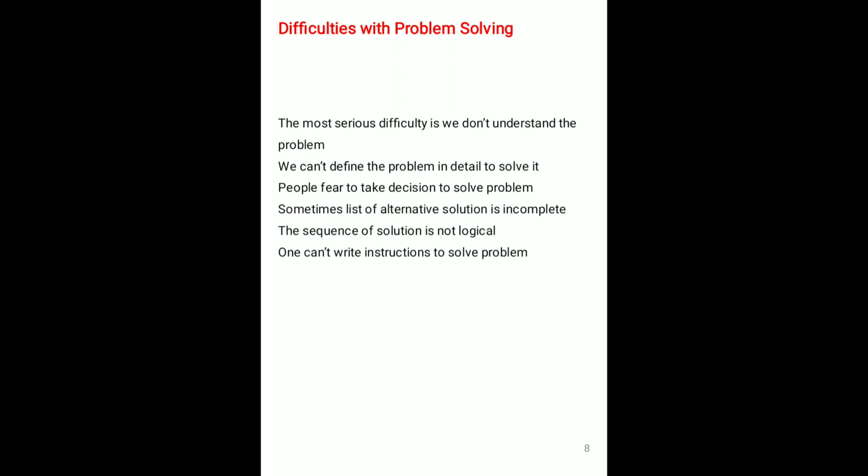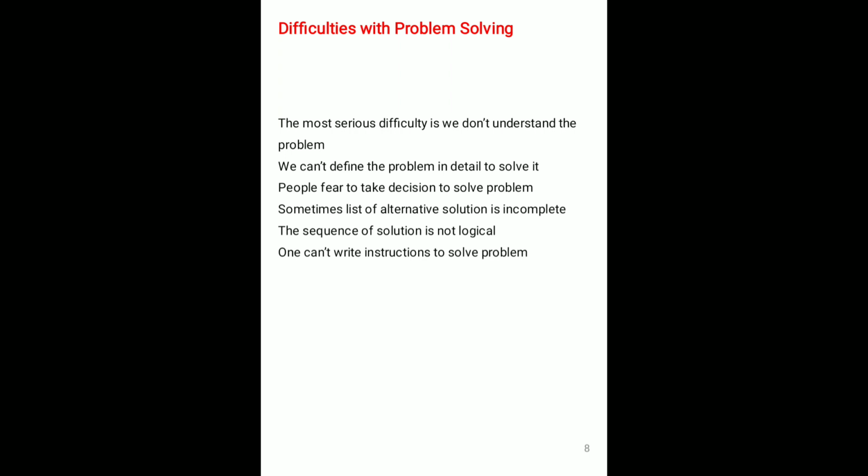Second is, we can't define the problem in detail to solve it. So though we have identified the problem, if you fail to define the problem, then also it is a difficulty in problem solving. Third is, people fear to take the decision to solve the problem. This is a very common issue for everybody.